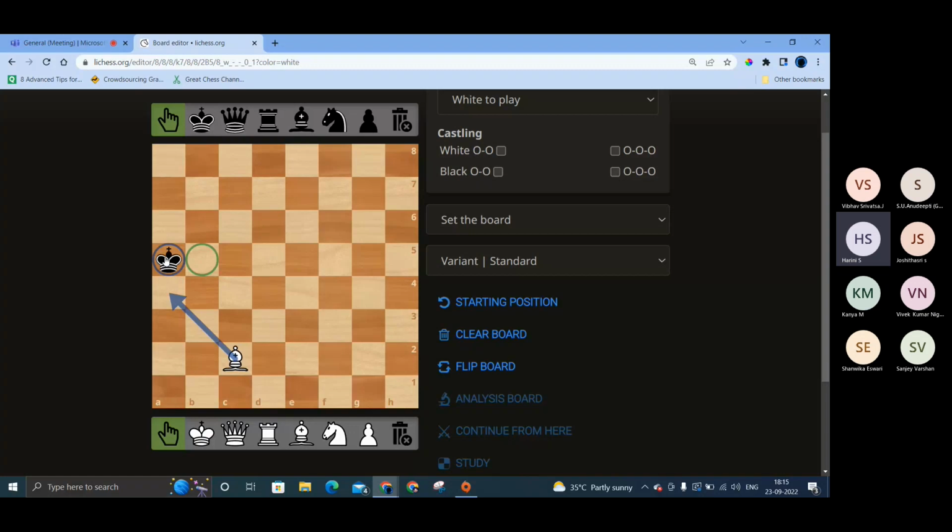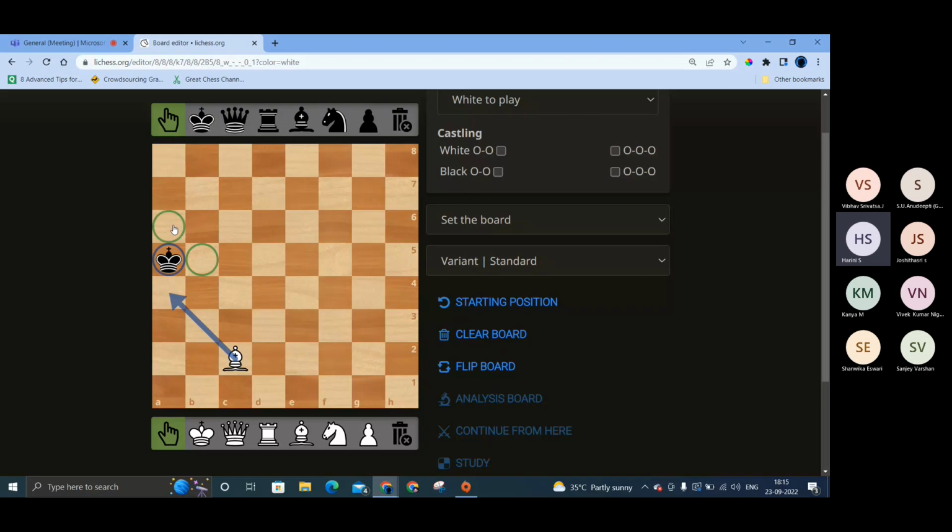Okay, so tell me the safe squares. One step around, you have to check. One step upwards, downwards, side, diagonal. Come on, next. A6. It can go to A6.